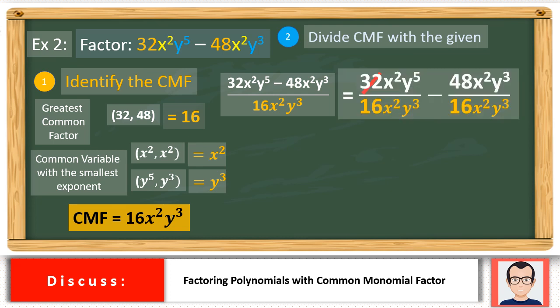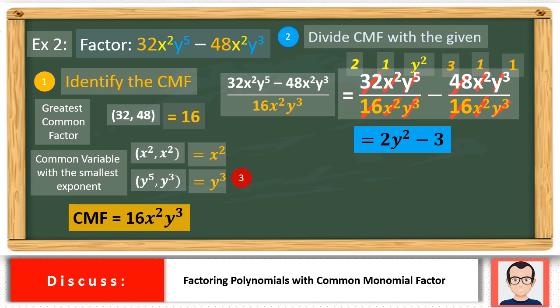We work on it again by regrouping first, and then we simplify like terms accordingly. Our quotient will be equal to 2y squared minus 3.